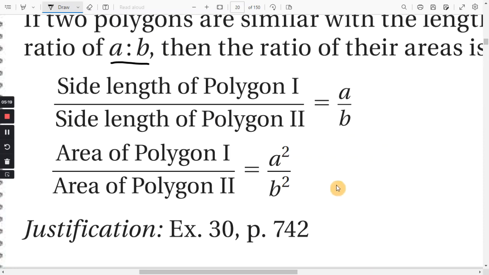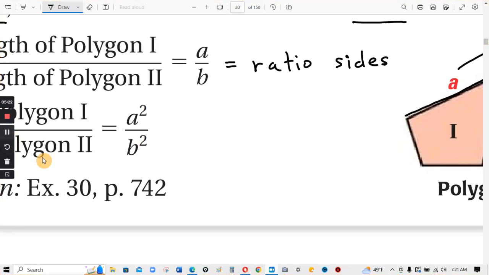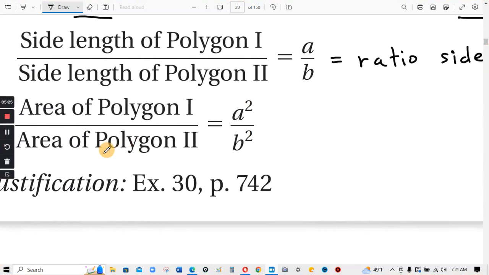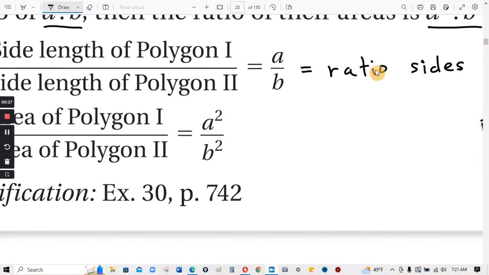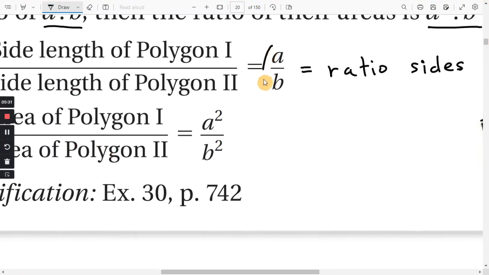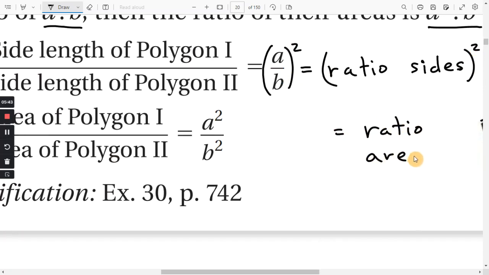Okay, and let's see, I'll write this out. Okay, so A over B is just the ratio of the sides. And we said previously, if you square the ratio of the sides, you are going to get the ratio of the areas.